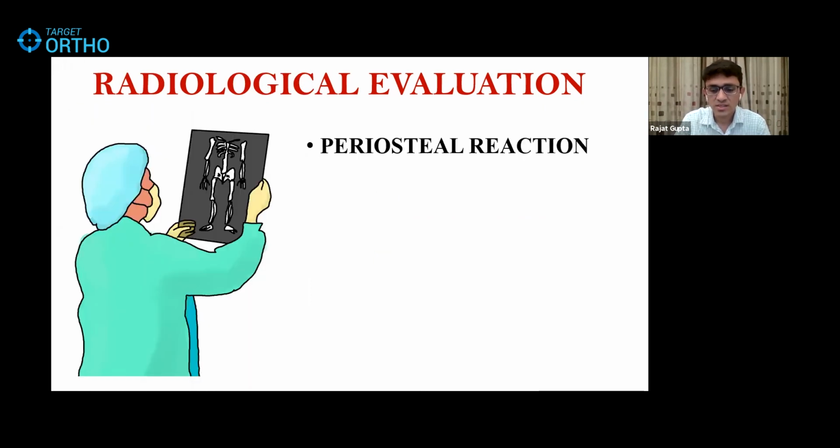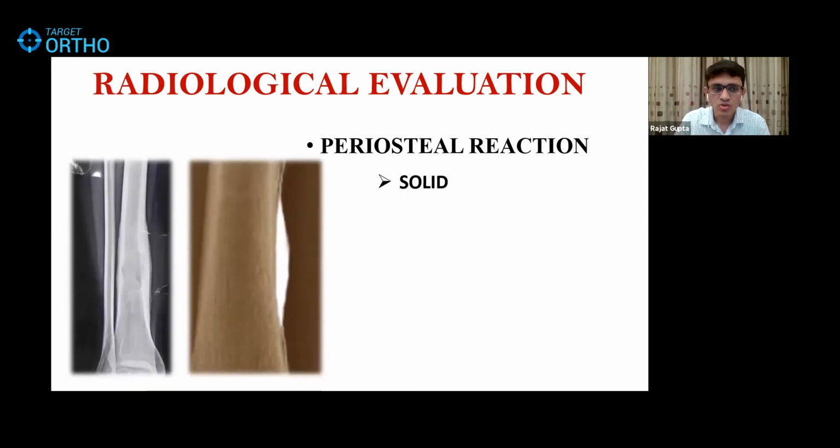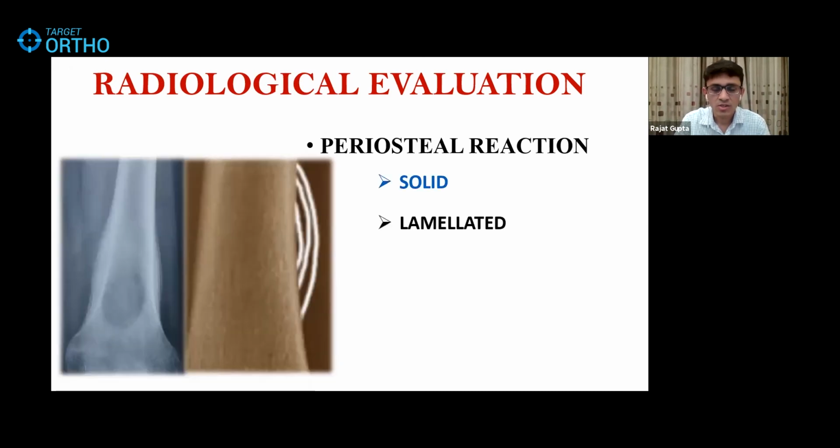So next thing to look for on X-ray is the periosteal reaction. It is basically what the body is doing to the lesion. So it could be a solid periosteal reaction like we see in infection or an osteoid osteoma, or it could be a lamellated kind of periosteal reaction like the typical onion peel reaction of Ewing sarcoma.